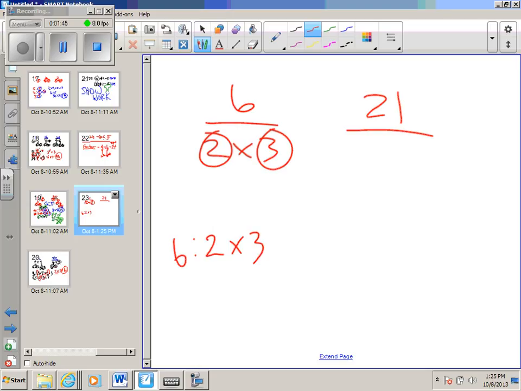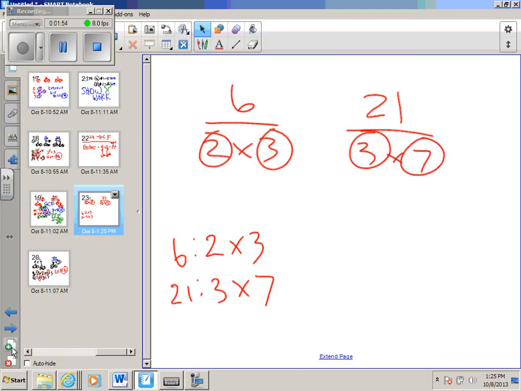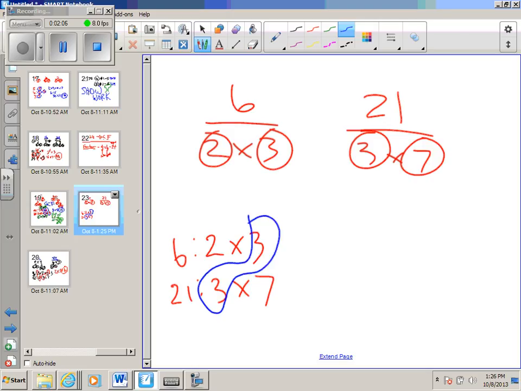They're both prime. 21, 3, and 7. And I list them. Now, those are the prime factors of each. I need to find out which ones they have in common. And according to what I have, it looks like they only have a 3 in common.